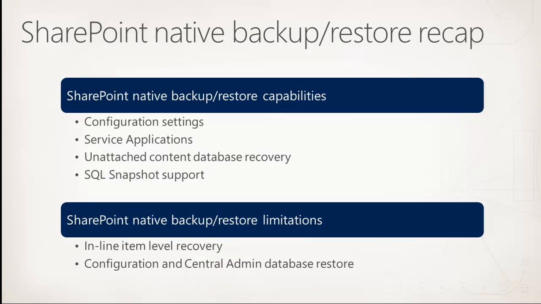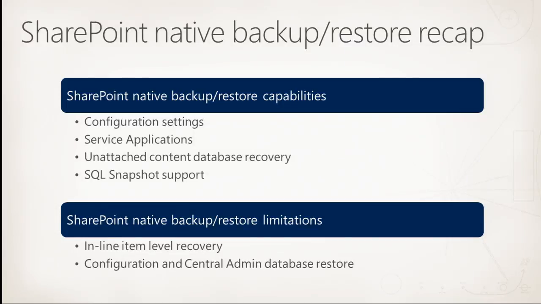However, some of the limitations with the SharePoint native backup and restore capabilities that were present in 2010 and are still here today in SharePoint 2013: there's no way to have automated inline item level recovery. Yes, we can use the unattached database recovery process to extract a list from a content database, for example, and retrieve a specific item by restoring that list to a location.